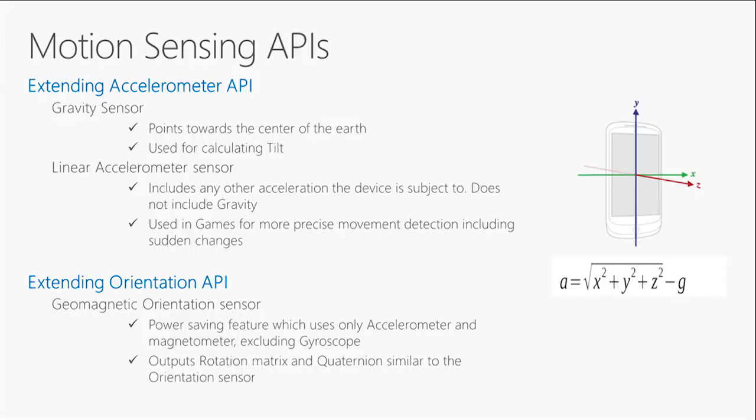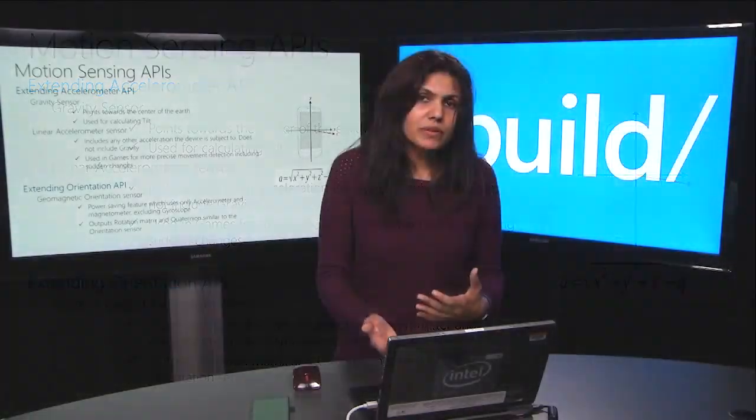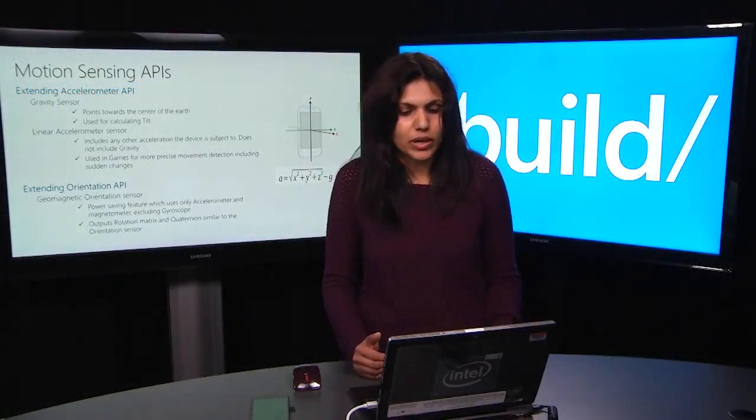One is the linear acceleration, which is the external force acting on the device, and the other is the gravity vector, which points directly towards the center of the Earth. Previously, developers needed to filter out these components if they wanted just the linear acceleration. Now we have separated both, and we have added 2 separate sensors here.